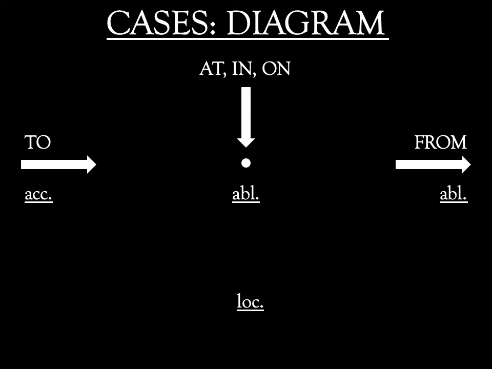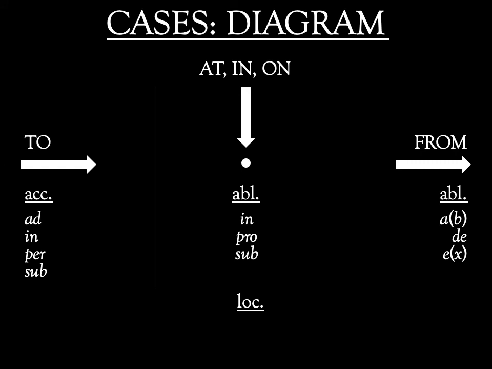Accusative for to, ablative and locative for at, in, on, and ablative also for from. Most fundamental is the distinction between accusative and ablative. Again, accusative for motion to, ablative for both location at and motion from.